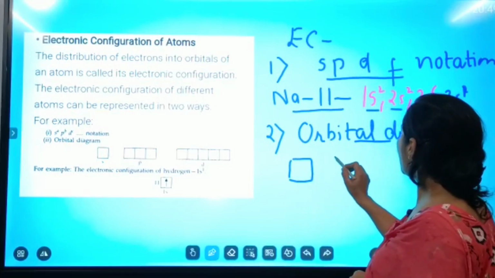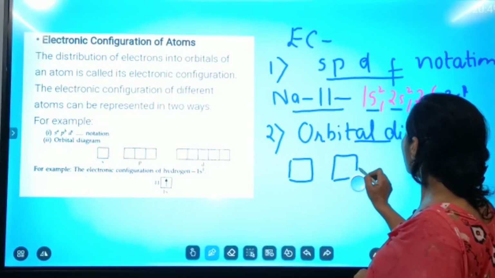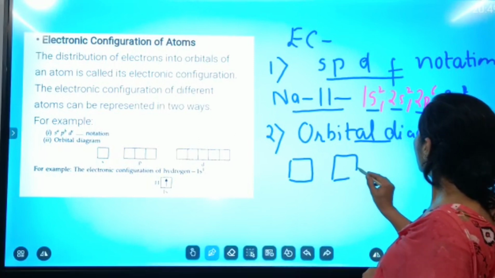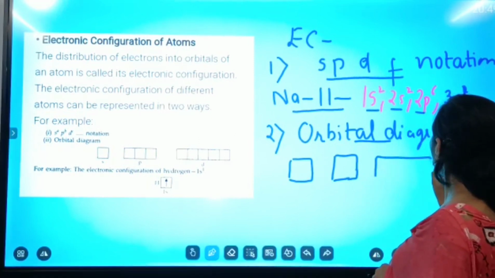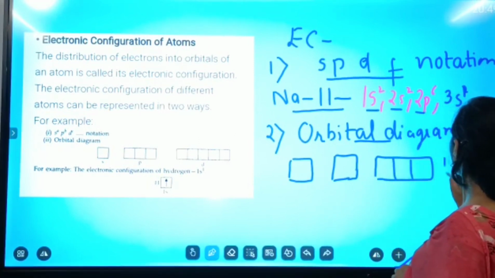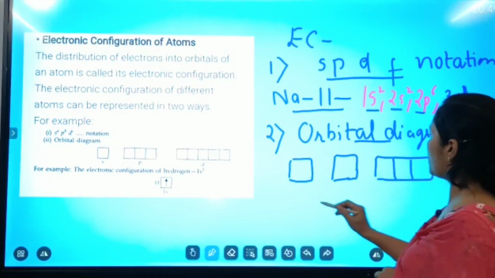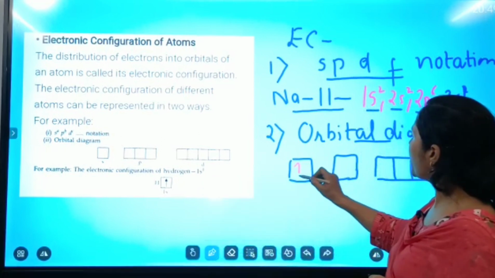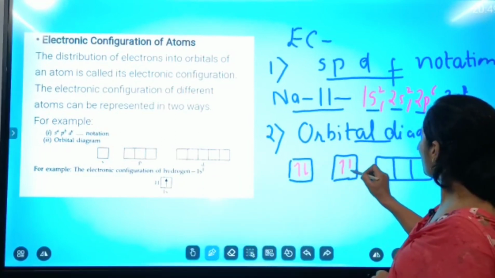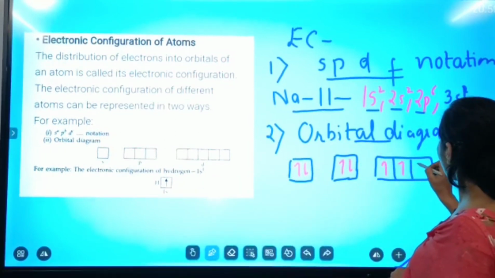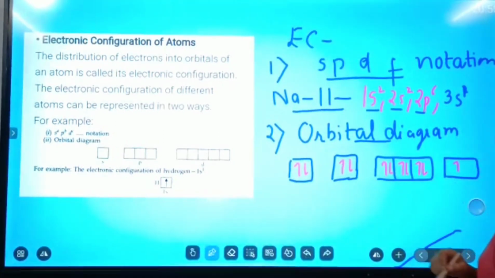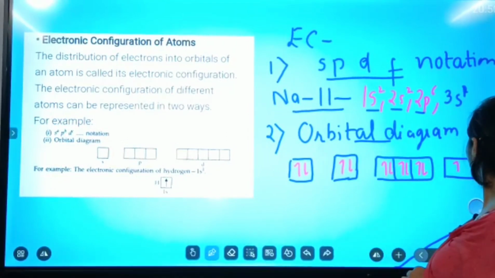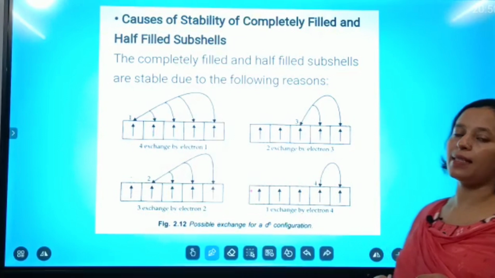This is the 1s orbital, 2s, 2p6, and this is 3s1. So we will be filling the electrons accordingly, 1s2, 2s2, 2p6 and 3s1. So these are the 2 ways we can write our electronic configuration. We will be moving on to our next slide.